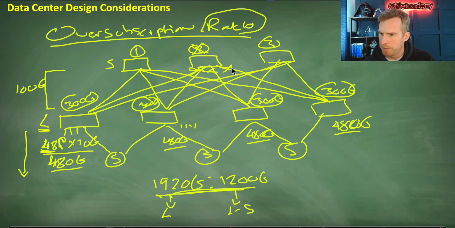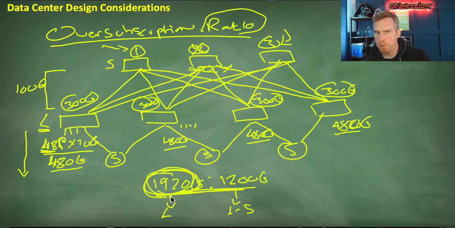The question then becomes, will spine 1 and spine 3 be able to support this amount of traffic? Now, this is obviously the theoretical maximum. It's not to say that's the maximum going over this architecture, but you need to take into account what happens if a spine device fails.